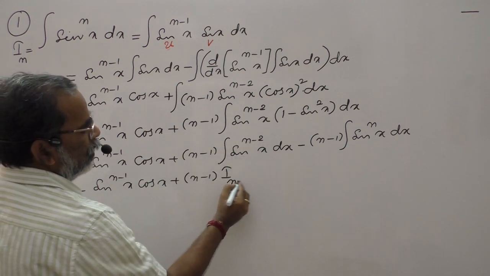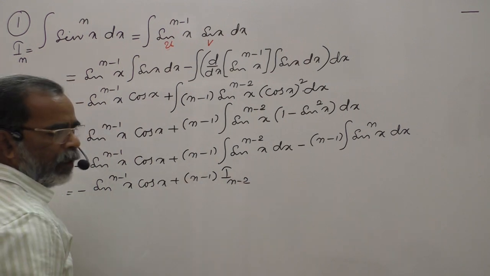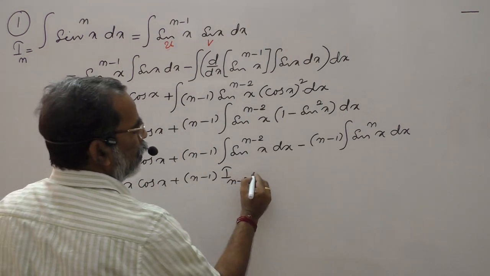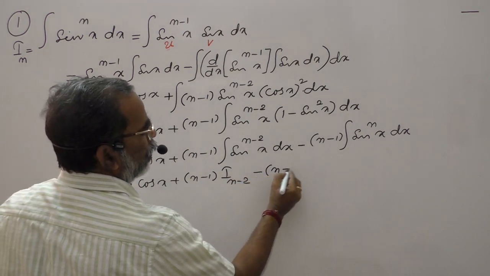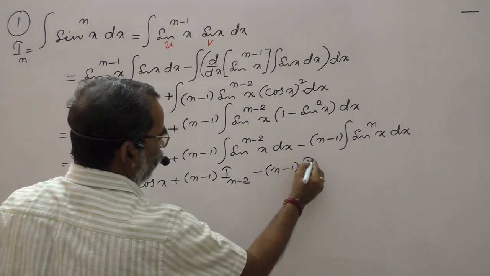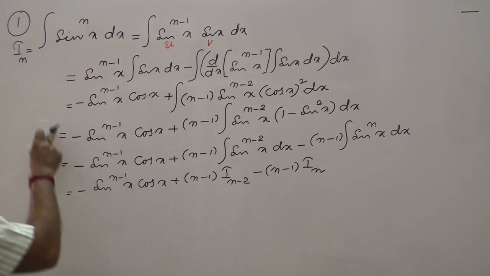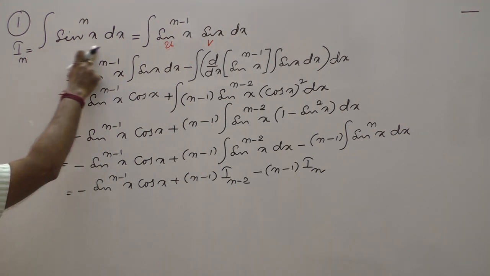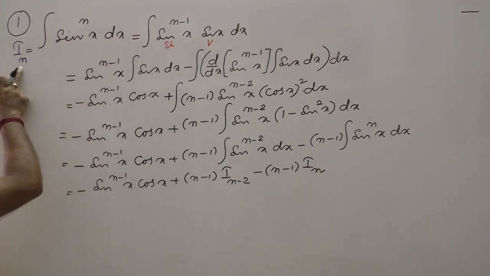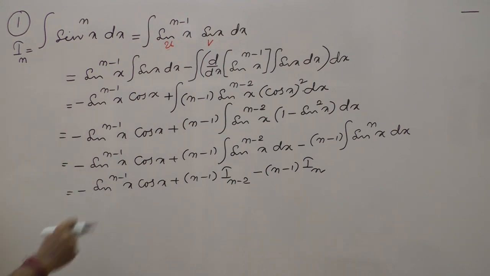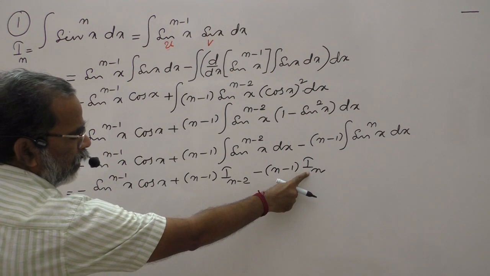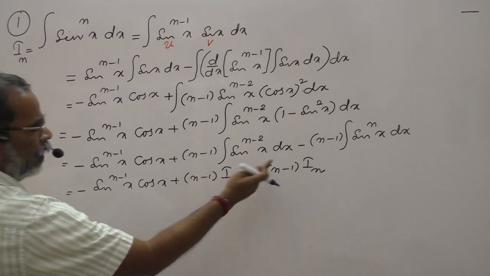Therefore I can denote this by I n minus 2. Next, what is there? Minus of n minus 1 into sine power n is I n. In this result, we have to find this integral which is denoted by I n. That means we have to find I n. So I n is here also, which is negative.